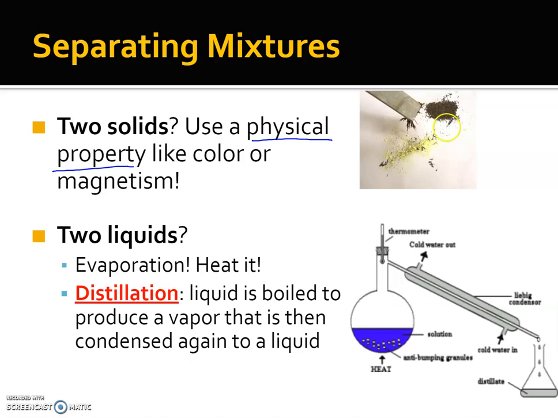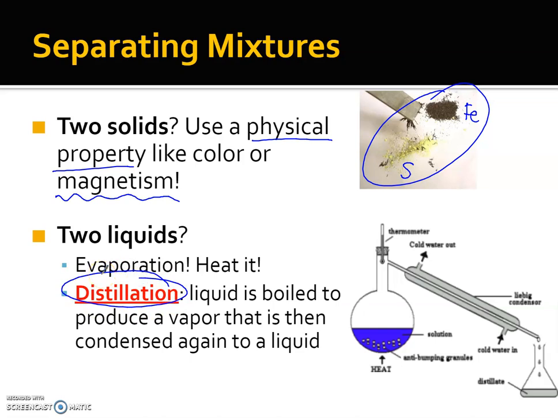If there's two solids and they're just kind of scattered throughout, well, then you just kind of use their physical properties like color or size or density, or if it's iron and sulfur here, you can separate these two solids from their property of magnetism. Okay, if there's two liquids, you can use something like evaporation. You can heat them up and they will boil at different temperatures. That's a specific process called distillation.